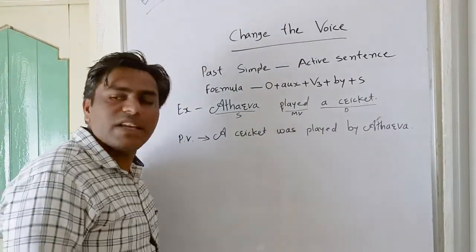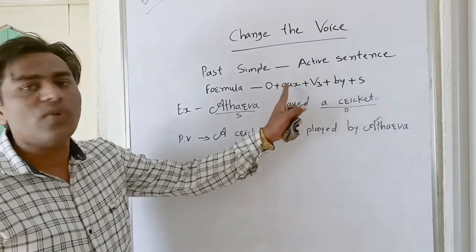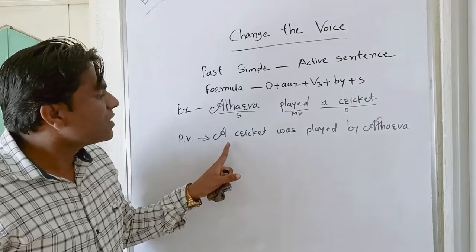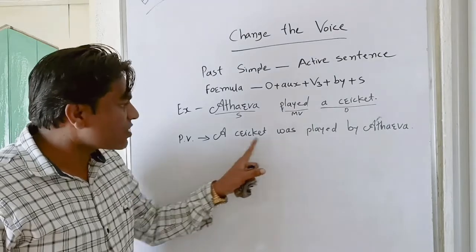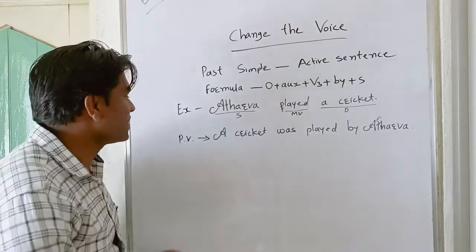This is the example that we transform into the passive voice through the formula. A cricket was played by Atharva. This is one sentence.